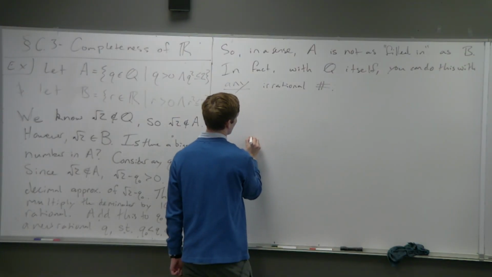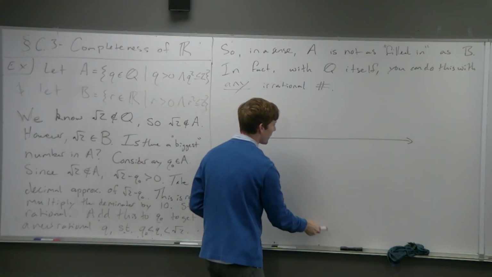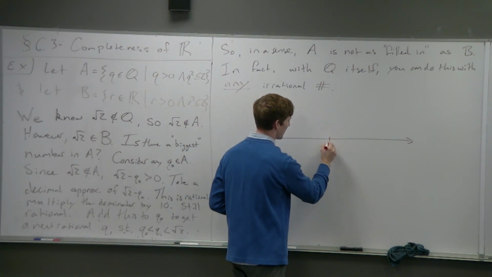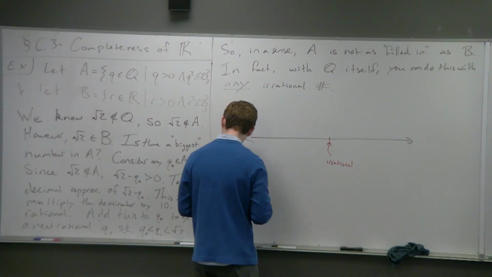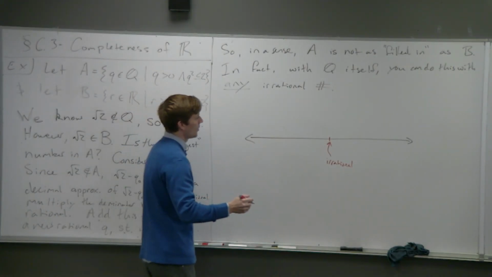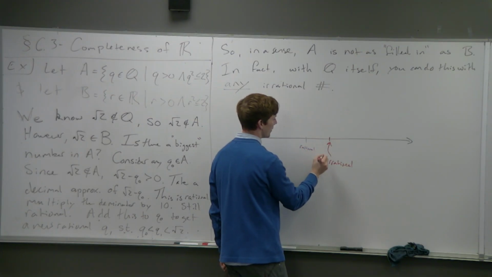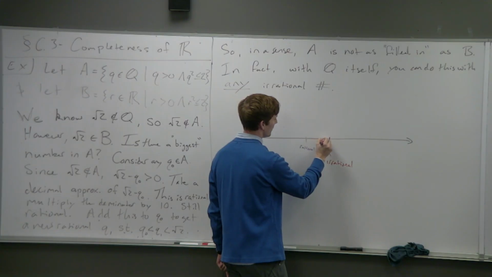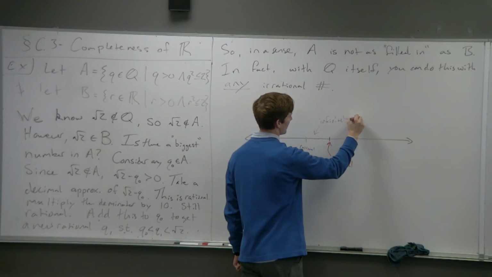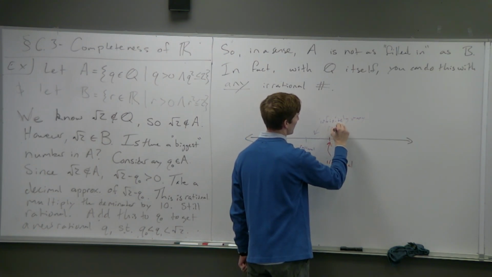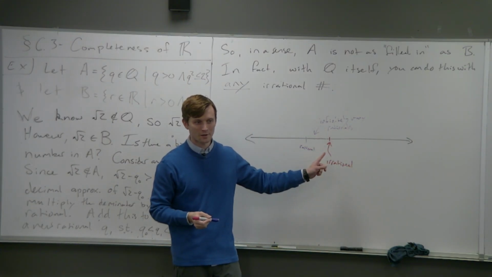The picture you want to visualize is the real numbers. And anywhere you have something that is irrational, if you have a rational here, you in fact have infinitely many rationals in between the two.